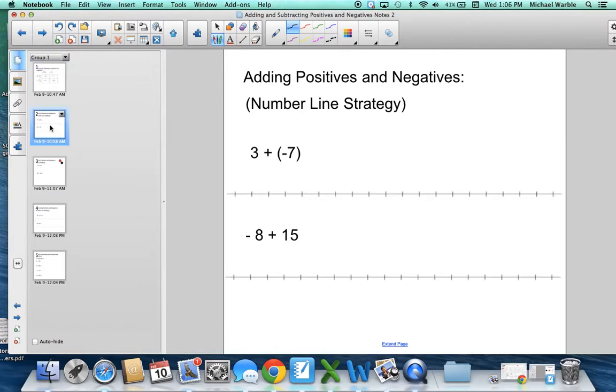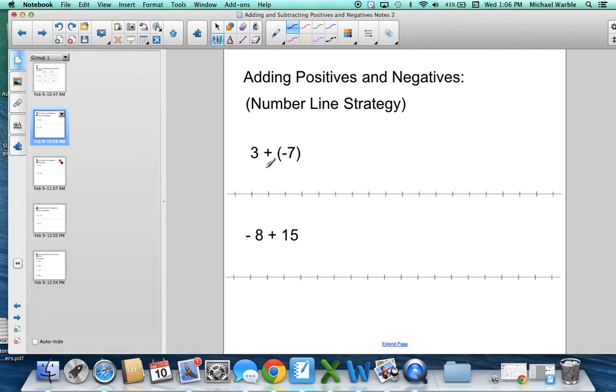There are different strategies we can use, so I'm going to go over adding positives and negatives with a number line strategy. When I have a number line, especially when it's blank, I try to look at the numbers that I'm dealing with to establish where my zero is. A lot of times we can make our own number lines, or sometimes they're given to us on a quiz.